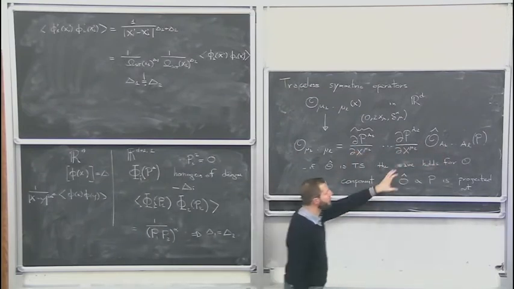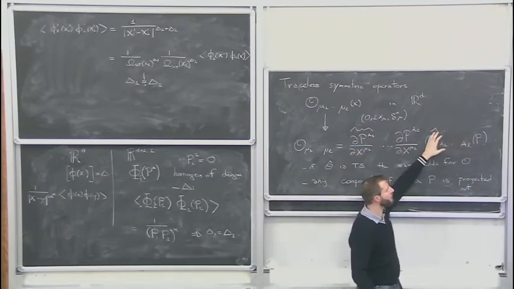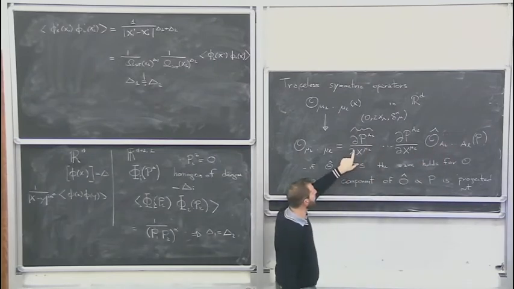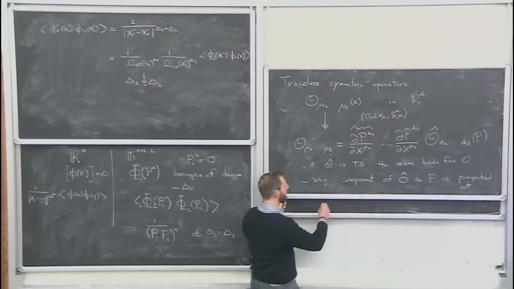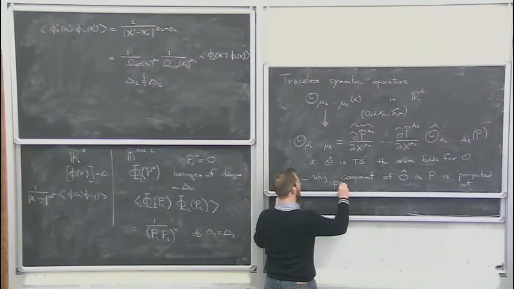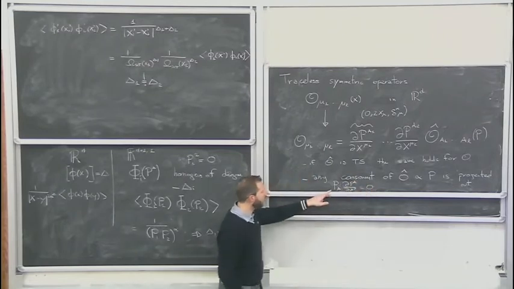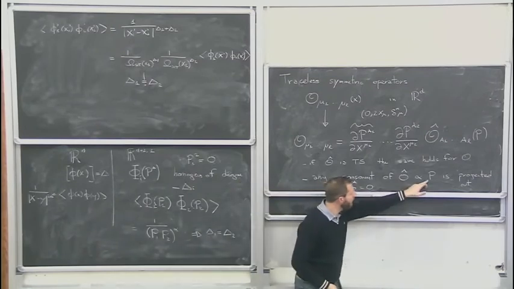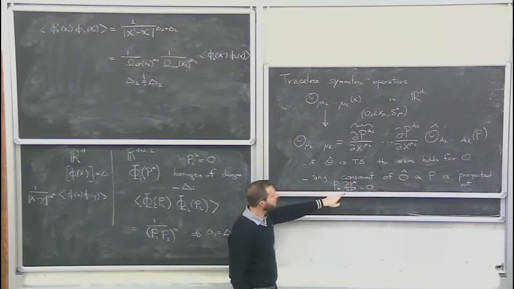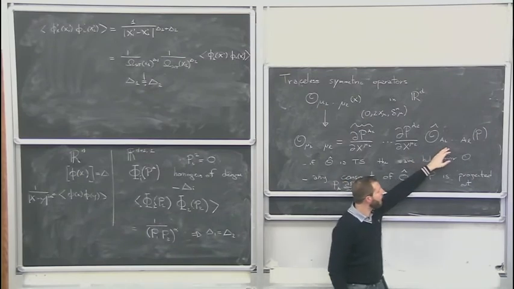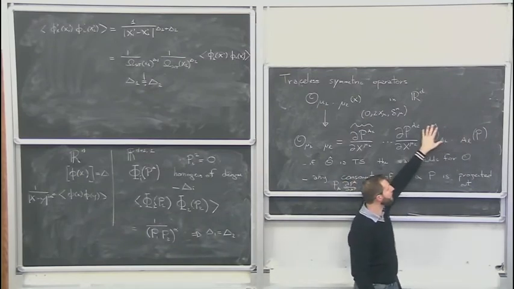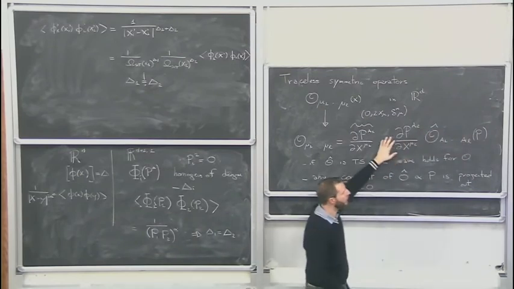A traceless symmetric operator in D+2 has a certain number of components, but because of the fact that P^A dP_A over dx^mu is equal to 0, any component that is proportional to P is projected out. So you're subtracting all longitudinal components, and this turns out to give the correct counting.